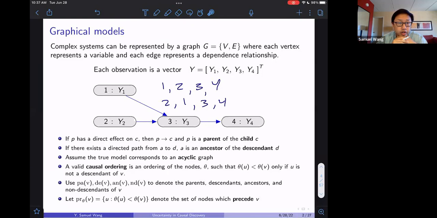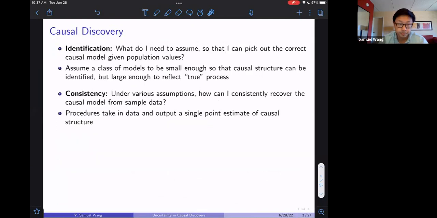All right, so in causal discovery, we don't assume that this graph structure is known a priori, right? And this graph structure is actually what we want to estimate from the data. All right, so this is a very broad topic, but roughly speaking, the place where most problems start is with identification.